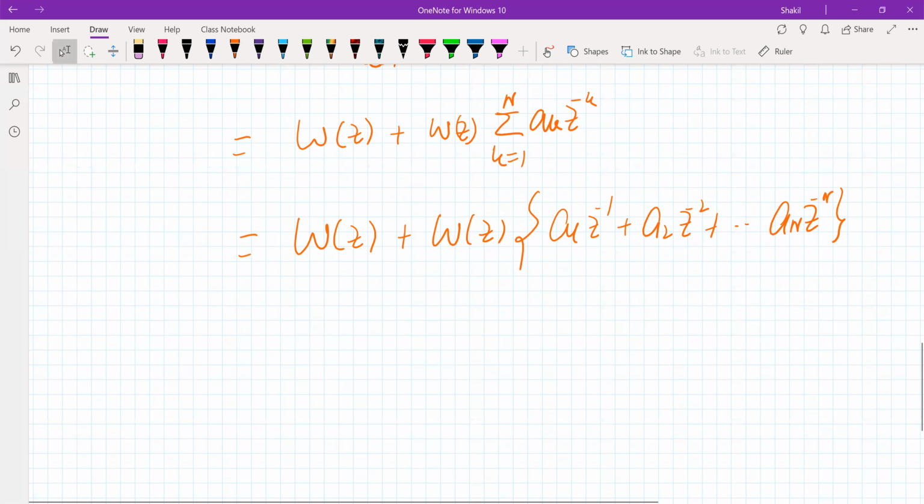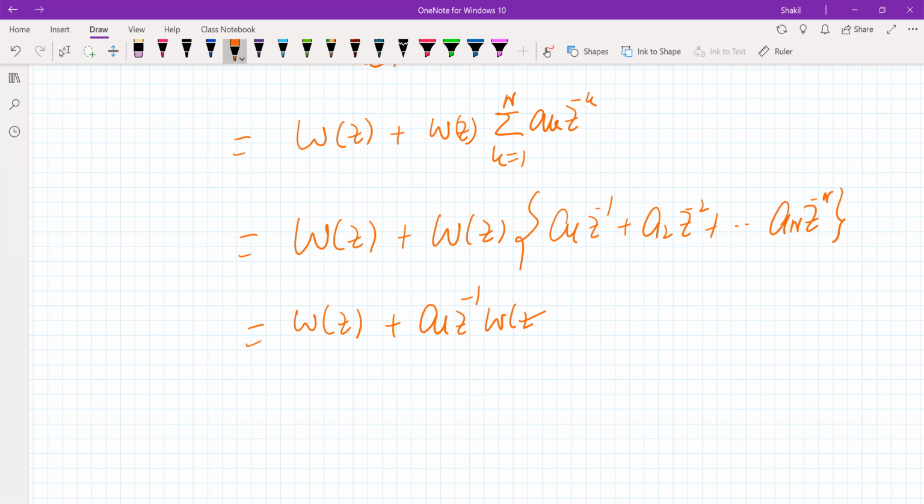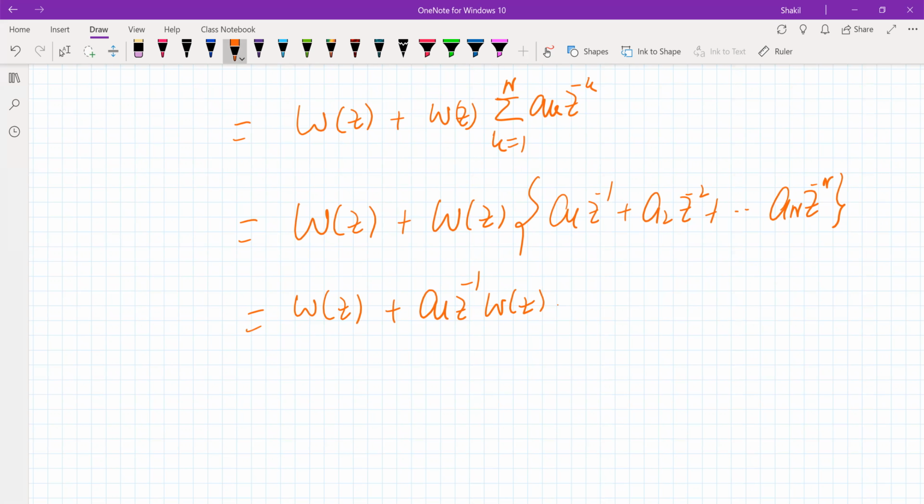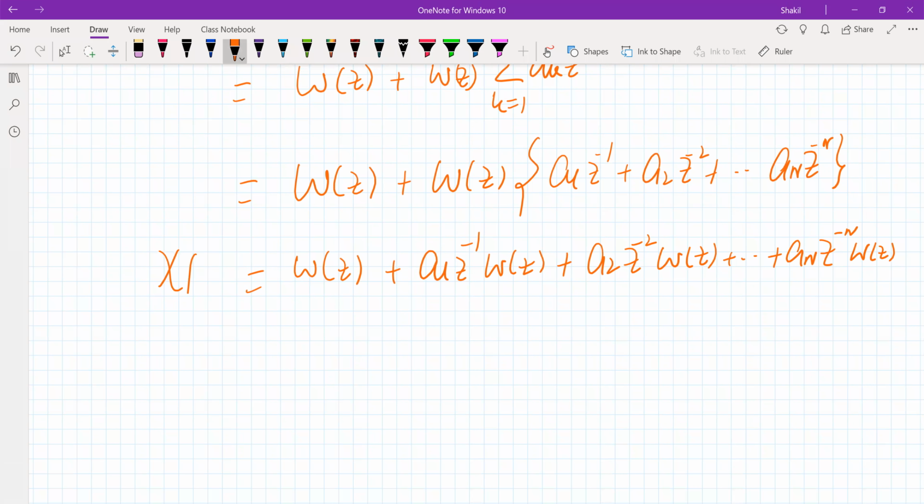Now multiplying each term with W(z), we get a_1 z^-1 W(z), plus a_2 z^-2 W(z), plus so on, a_n z^-n W(z). So this is our X(z).